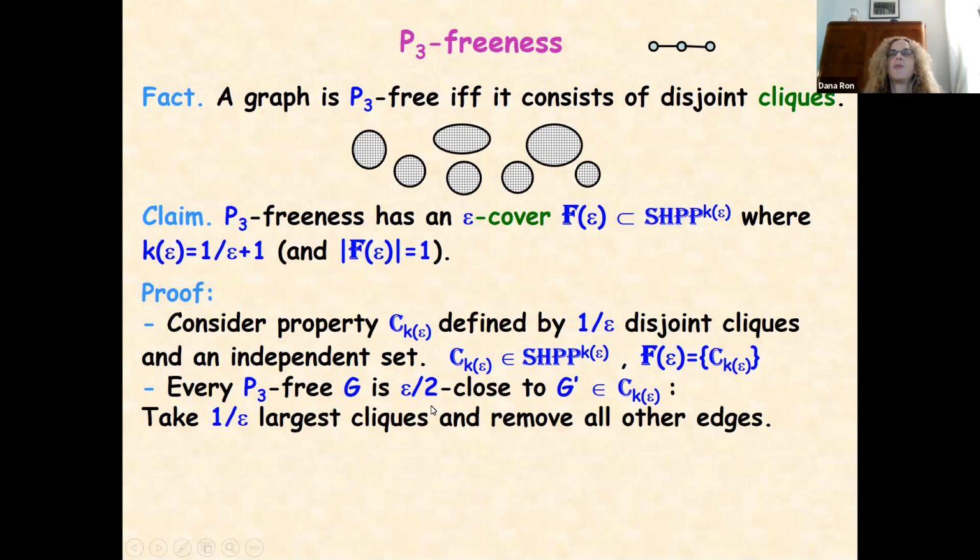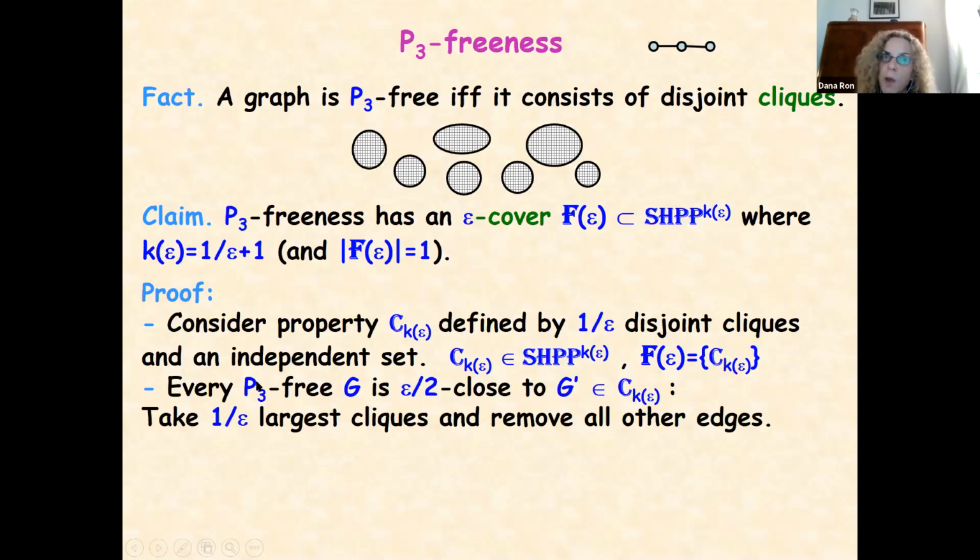I'll remove all other edges, so I'll make everything else into an independent set. I won't do the calculation here, but I removed at most, up to a factor of 2, order epsilon n squared edges, because I kept the biggest ones. So the total number of edges in all the small ones is small, and I got what I wanted.